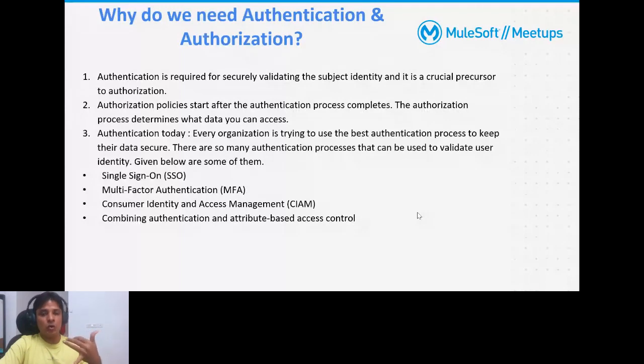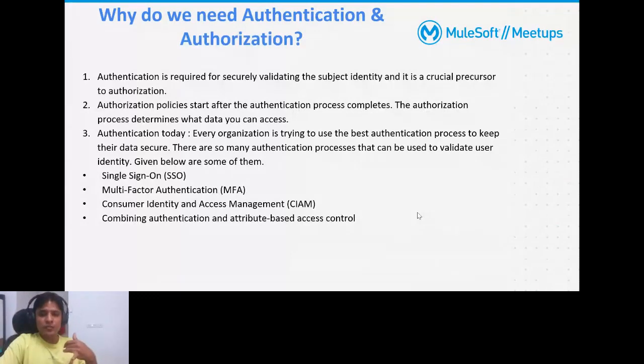So these are the two operations we'll be talking about: authentication, validating the identity of the subject, and authorization, what that authenticated person can do on my resources. Both go hand in hand to protect your resources.